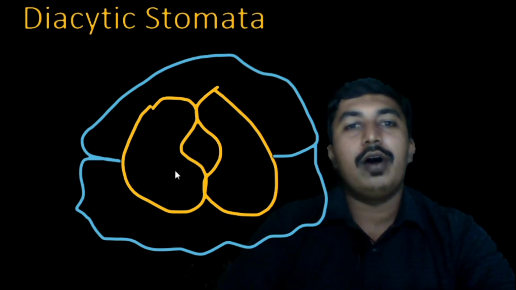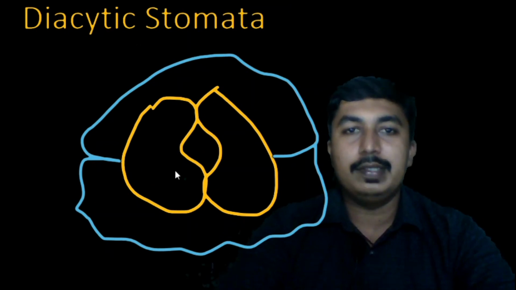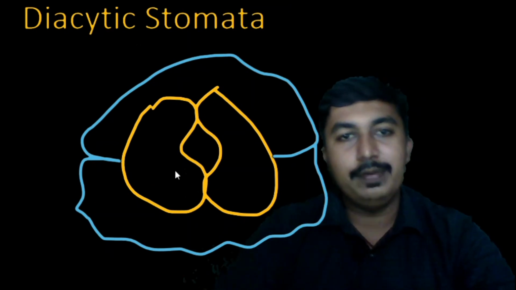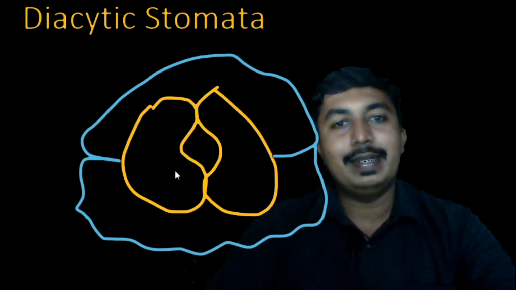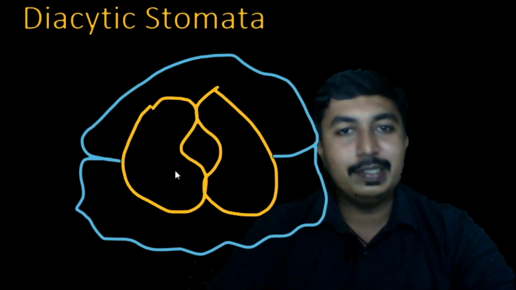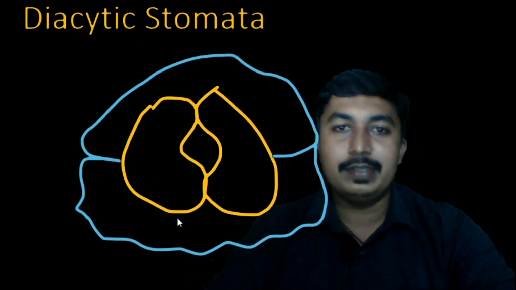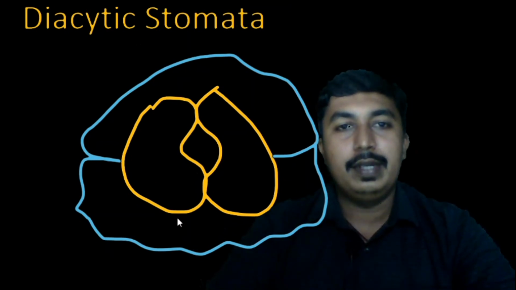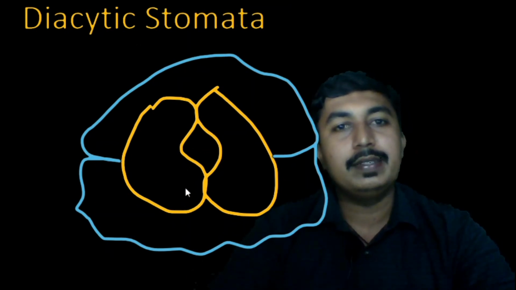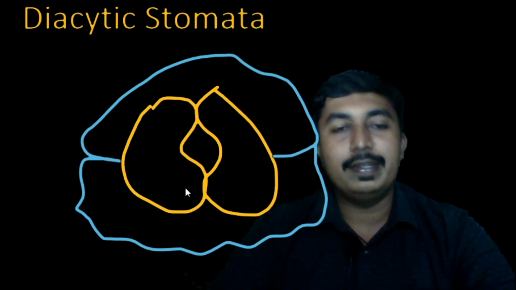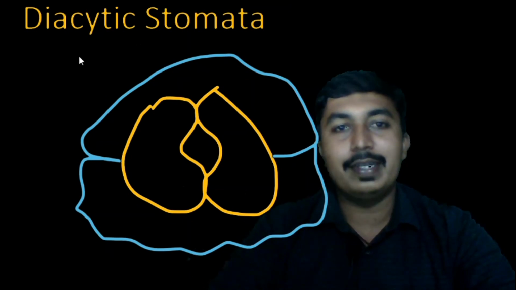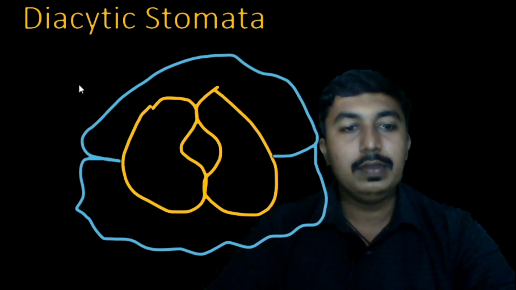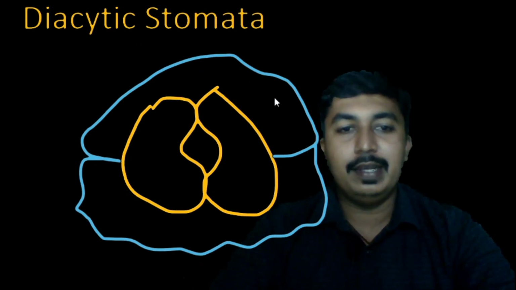An example of a plant of family Acanthaceae is Vasaka, you know very well, that is Adhatoda vasica, containing alkaloids like vasicine. Other plants, of family Labiatae, are spearmint and peppermint, both containing volatile oil. So the spearmint and peppermint of family Labiatae also contain such a diacytic stomata, where the subsidiary cells are perpendicular to the guard cells.